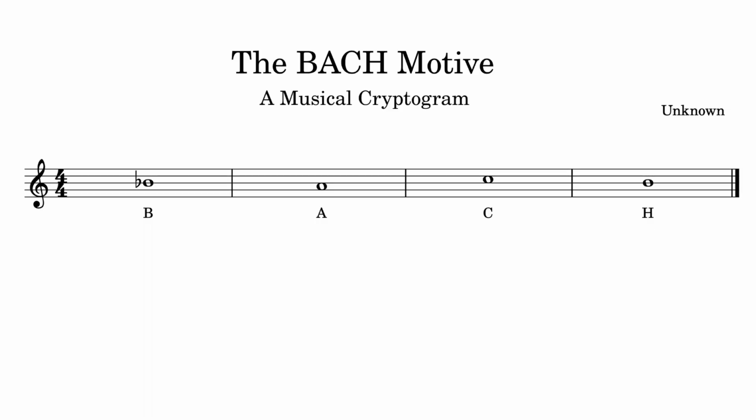Now, I should mention that in German musical vocabulary, the note B is named H, and the B flat is named B. So we had B flat, A, C, and then H, which is our B. And so there's the Bach motif. And so Bach himself used this. Other composers used this musical cryptogram to write a composition.